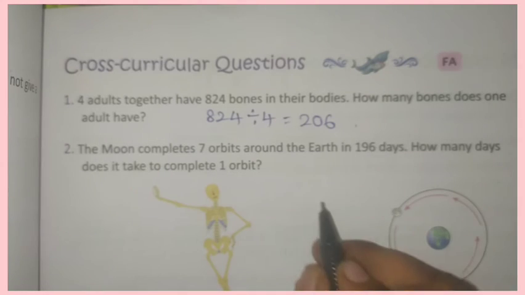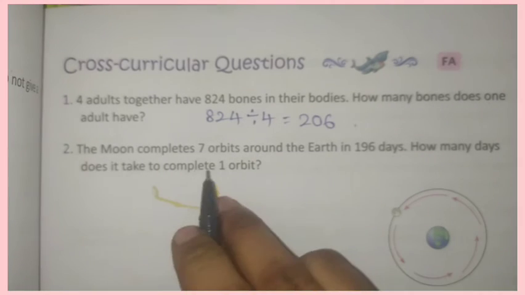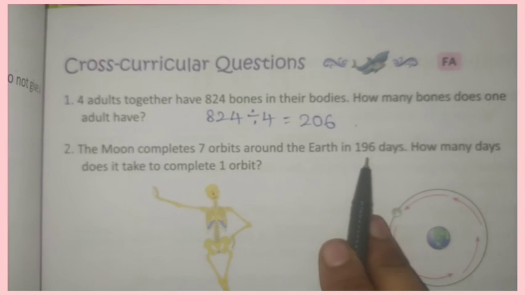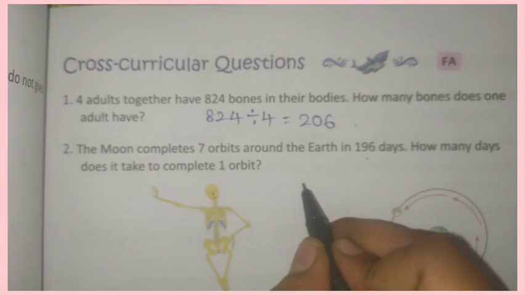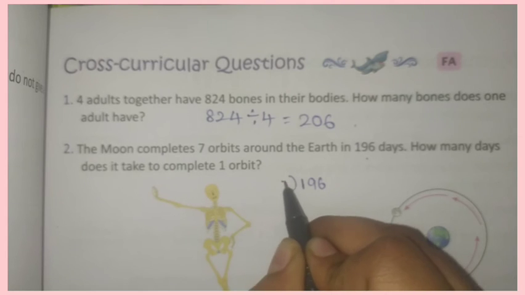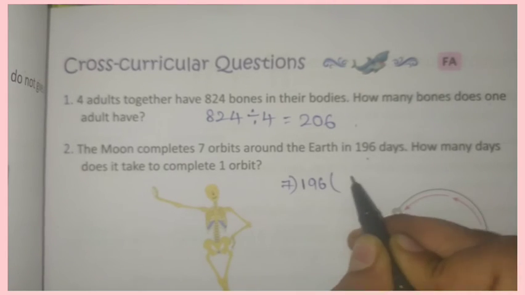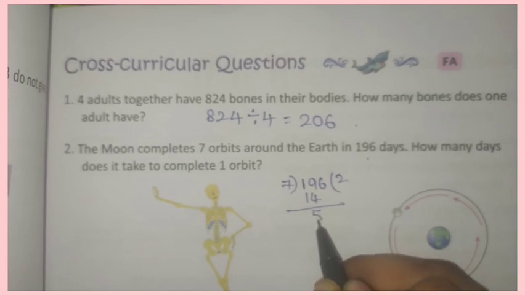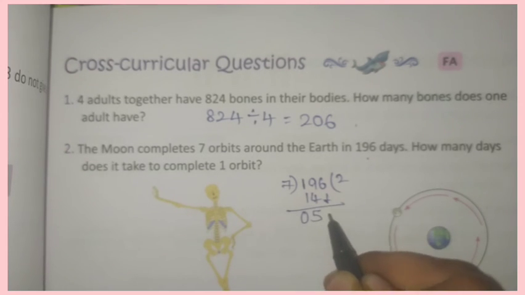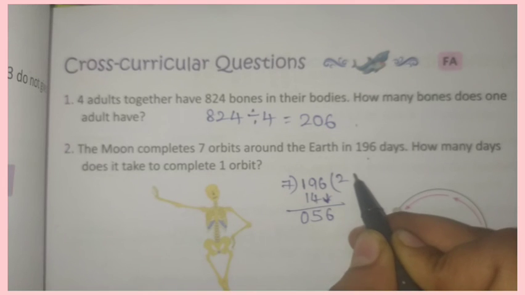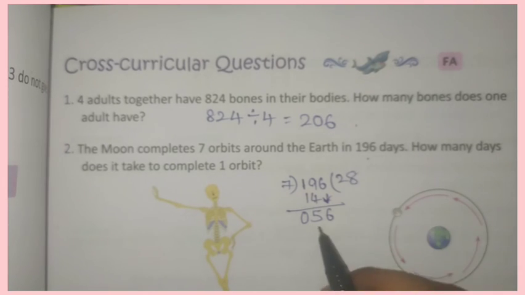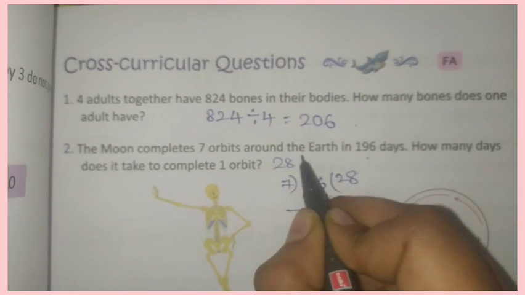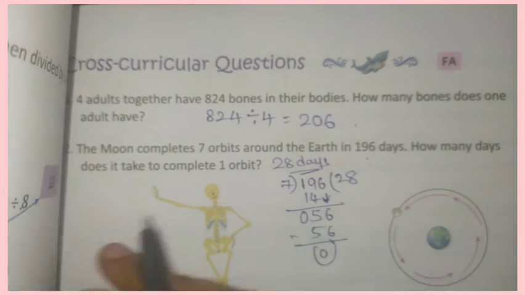Simply divide this, 196 divided by 7. 7 2s are 14. 9 minus 4 is 5, and 1 minus 1 is 0. 6 will be written here. 7 8s are 56. So 28 days. 28 days is the answer.